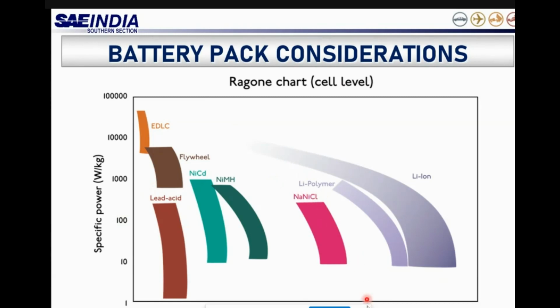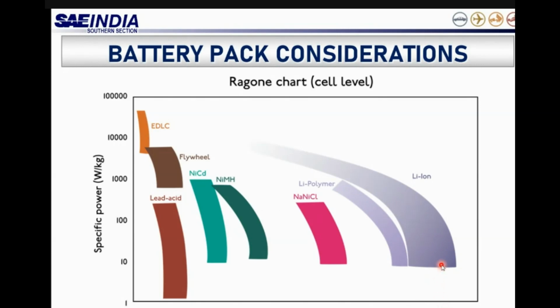I mean the chemistries. As you know, lithium-ion chemistry is the one which has the highest specific energy and specific power. When we look at the trade-off between all these chemistries, say lead acid, nickel cadmium, lithium polymer, lithium ion is the one which has a specific energy of close to 180.